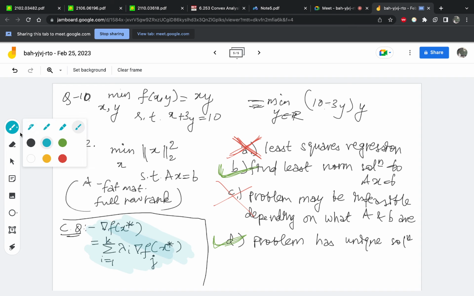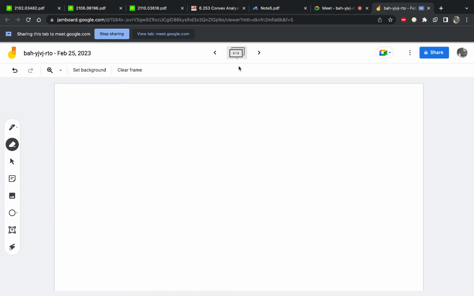Okay, so what I'm trying to say is, you remember we had looked at this tangent plane, right? Can you help me write down the definition of tangent plane at a point, let's say x star?